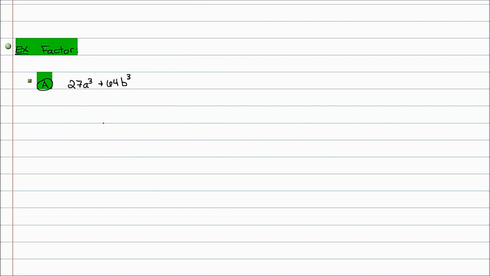Now again, you always look for, and maybe I should write this along the side here, and this is a very truncated instruction set. If you want the full instruction set, you should go back to my factoring videos. But this is basically saying that you always look to factor out the greatest common factor first. So you're looking at these 2 terms and seeing if they share anything in common, which they do not, so don't bother with that.